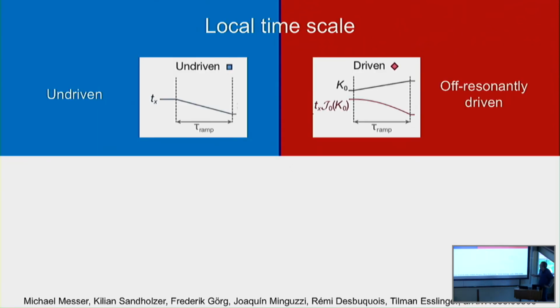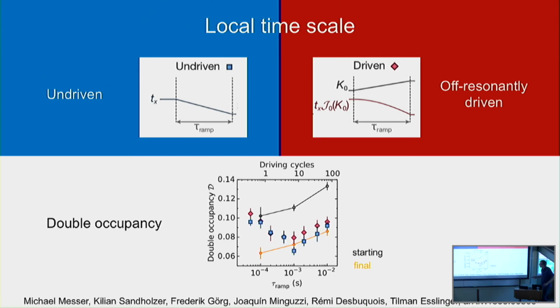So here the first set of measurements is a comparison between undriven and driven systems. Blue is undriven, the driven one is red, and it's driven off-resonantly, meaning off-resonant compared to U. We do a ramp in the tunnel matrix element and measure the double occupancy. We ramp the tunneling down, and that results in a reduced double occupancy as it gets more Mott insulating, and here is the time scale.